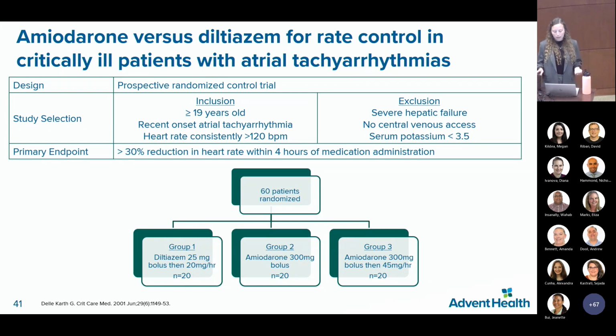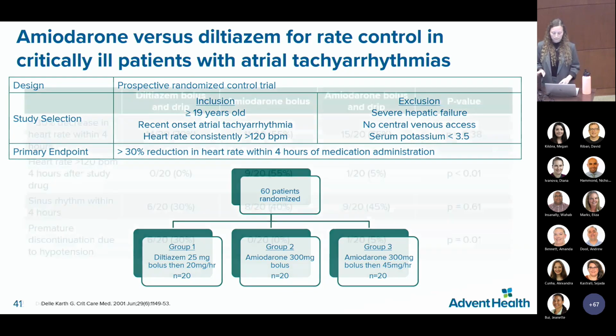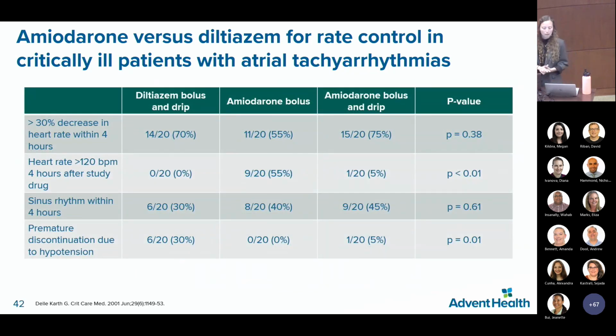It's also important to note here that the bolus dose of amiodarone and the drip rate of diltiazem were slightly higher than we would typically see in practice. The primary endpoint of a greater than 30% reduction was not statistically significant between the three groups. However, there were more patients that had a heart rate greater than 120 beats per minute in the group who received the amio bolus alone.